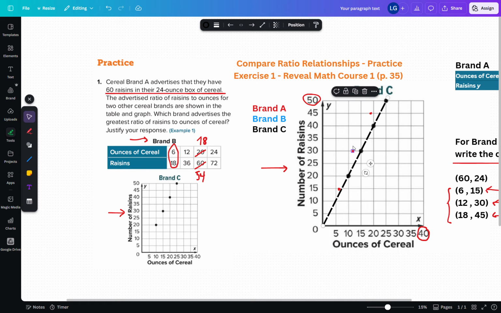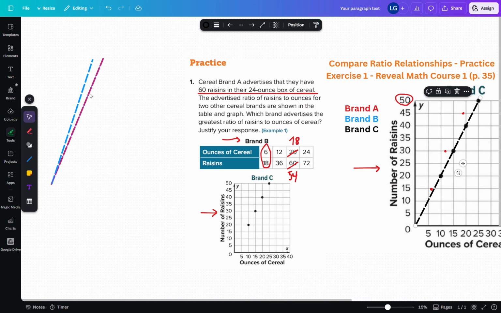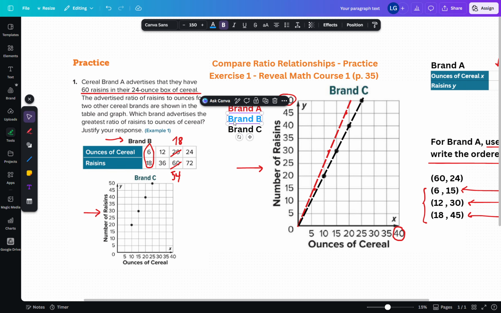They are on this line, and we can draw a line, and it's going to connect all the points on the coordinate plane for the brand A. For the brand A, we have the red dot, so I can do the same here. And if you notice, this line is going to connect all the points because they all seem to be on this line.